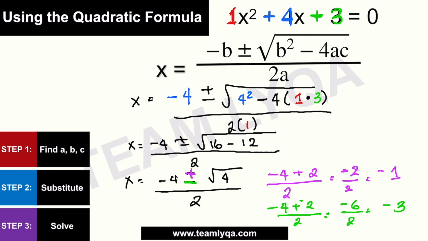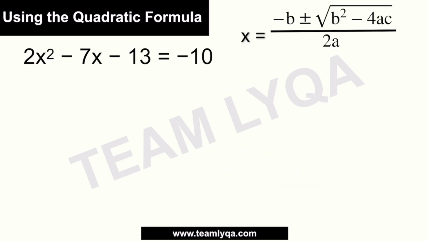So, ang sagot natin will be x is either pwede siyang negative 1 or negative 3. Na kung gusto natin yan i-check, pwede natin i-substitute yan dito para makita natin kung lalabas ba talaga yung 0.